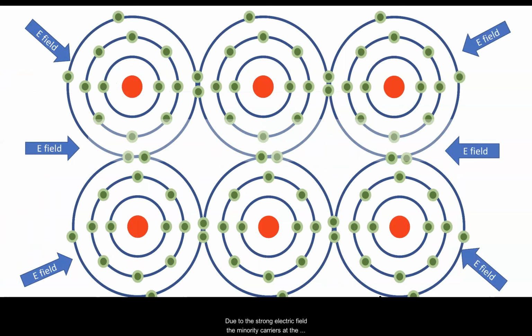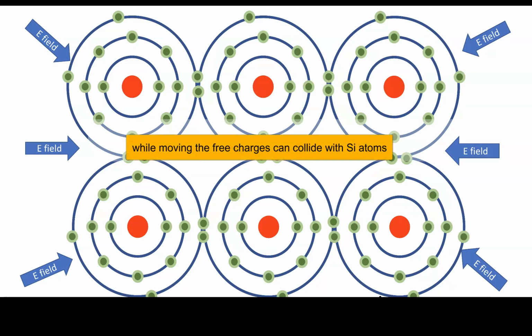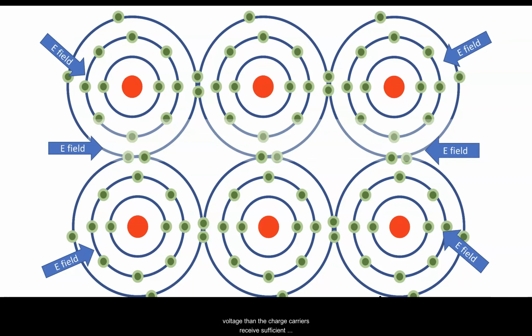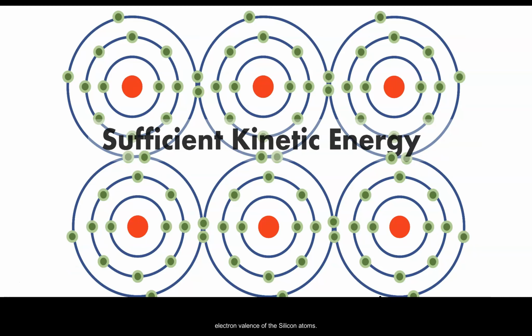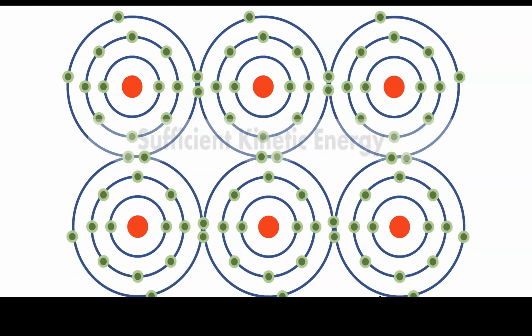Due to the strong electric field, the minority carriers at the depletion region get accelerated, and they can move more quickly. Once the applied voltage reaches the breakdown voltage, the charge carriers receive sufficient kinetic energy such that they can knock off the bound valence electrons of the silicon atoms.